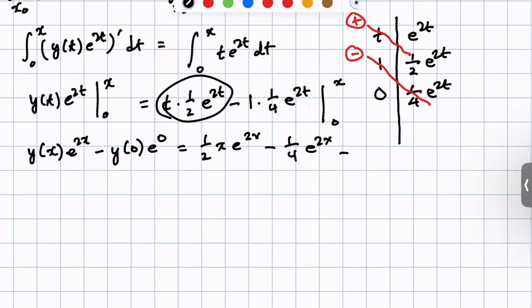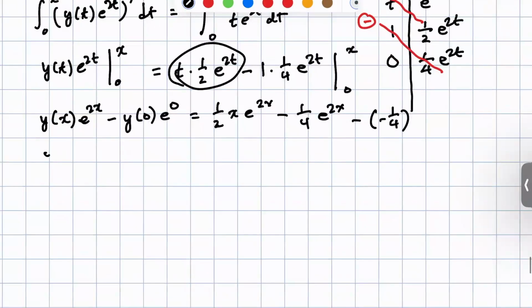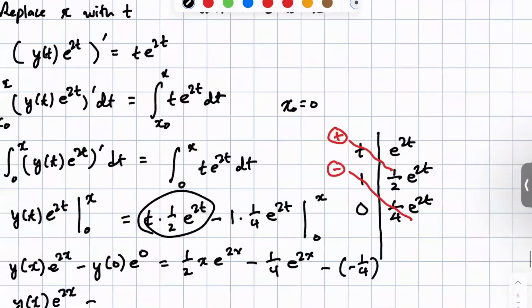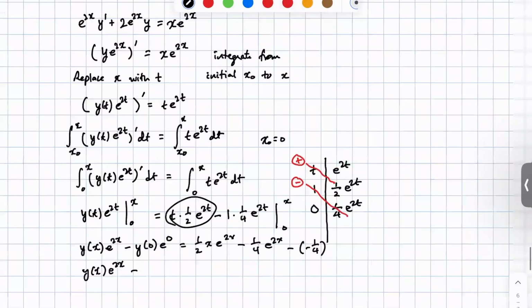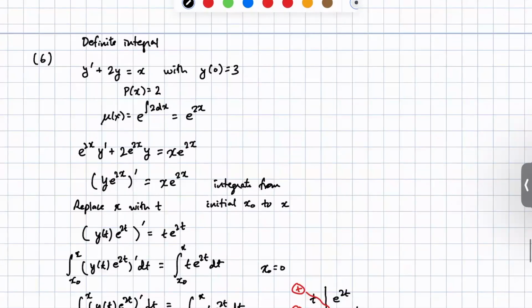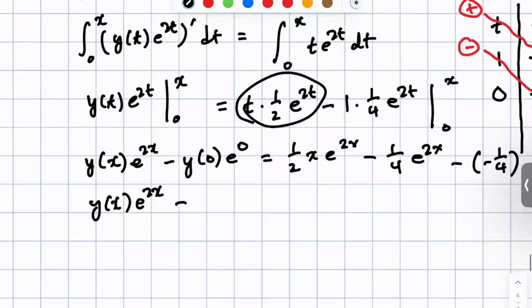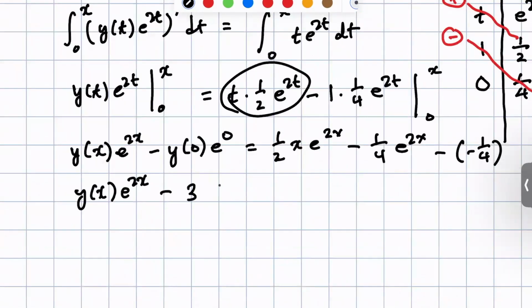So I just get this term right here. When I plug in a 0, I just get a negative 1/4. So y of x e to the 2x. Now, what is y of 0? Y of 0 is equal to 3, and e to the 0 is just 1, equals 1/2 x e to the 2x minus 1/4 e to the 2x plus 1/4.